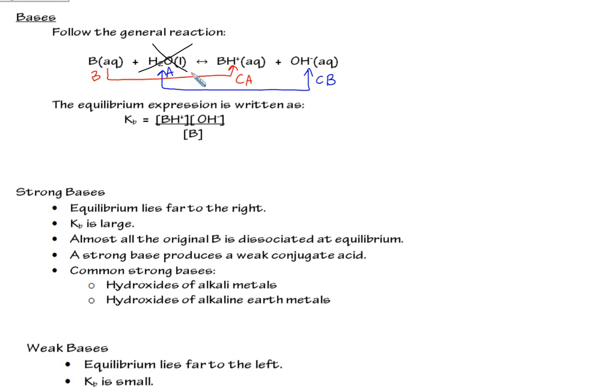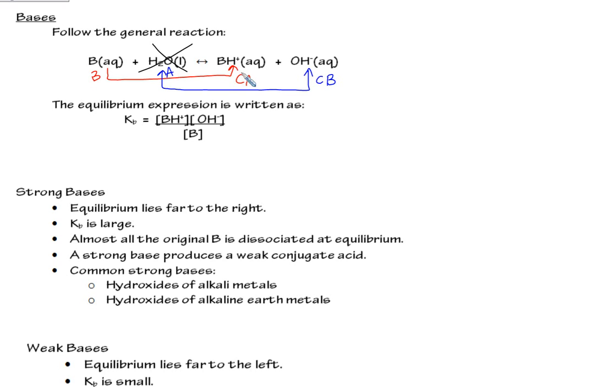So again, now if this thing really favors the forward, almost 100%, do we go in reverse? Maybe not at all. Then this conjugate acid must be really weak. That guy really doesn't have a good chance of losing his hydrogen and sending this thing in reverse.